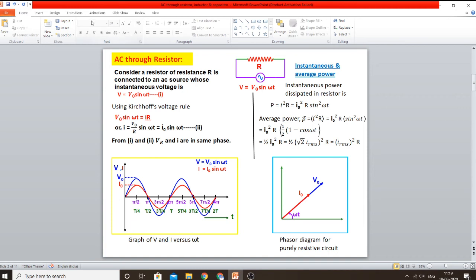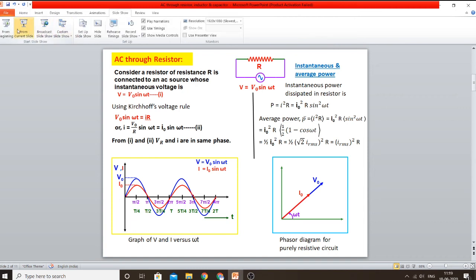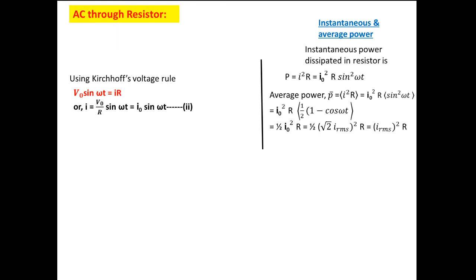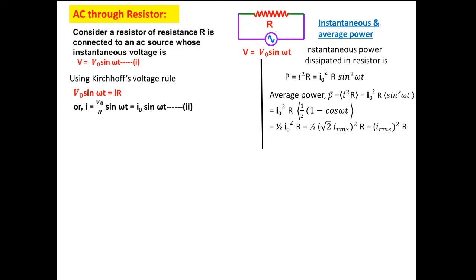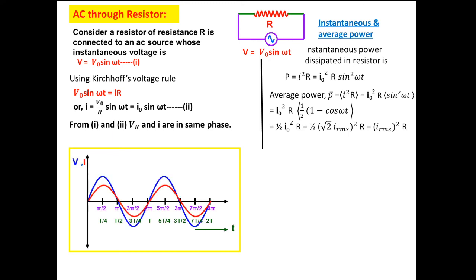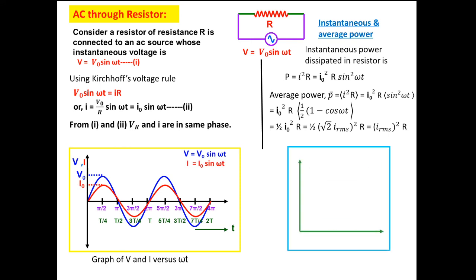Here see the graph, it is the voltage and current. This one is the phasor diagram of purely resistive circuit.